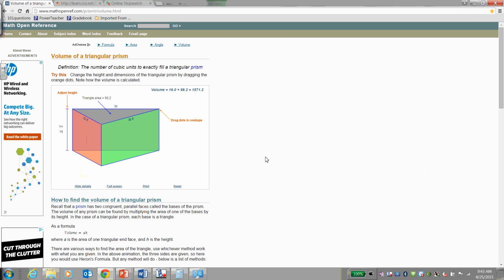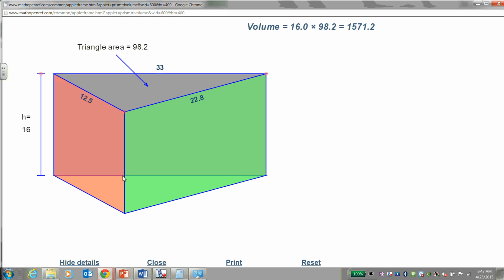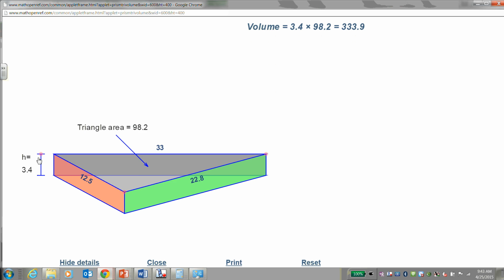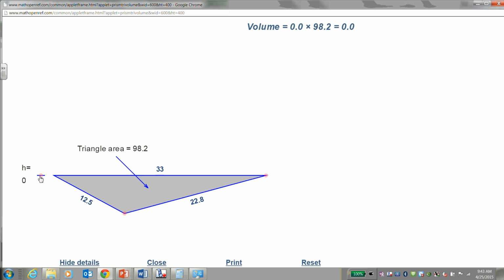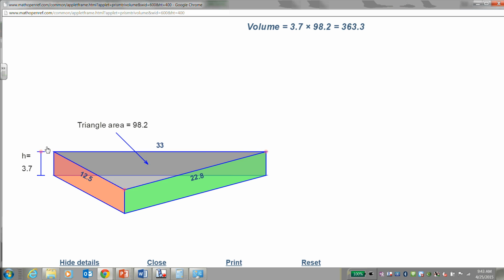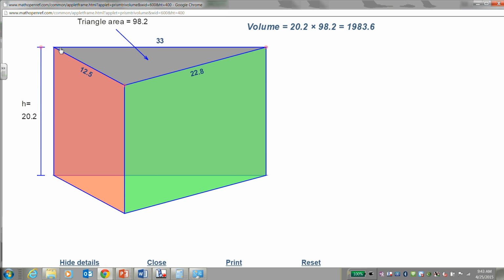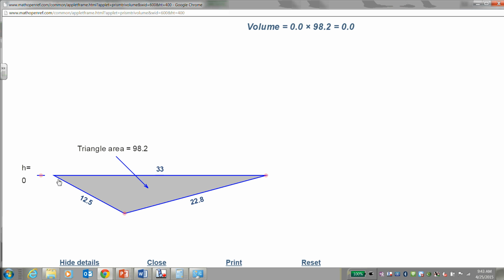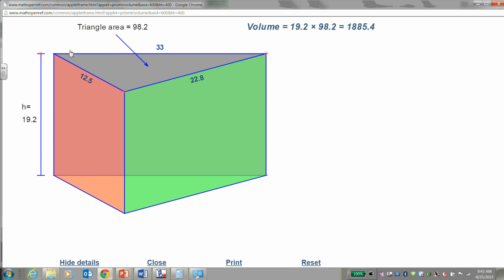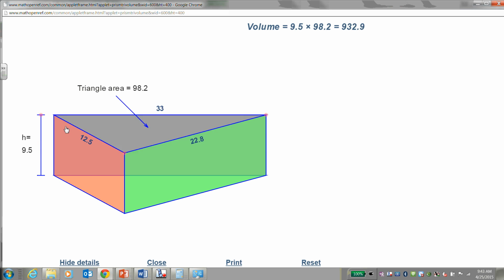All you do is start with the area of the base, and the only thing that changes for volume is that you multiply by the height. Do you see that? You start with the area of the base and multiply by the height, and that's going to be volume.